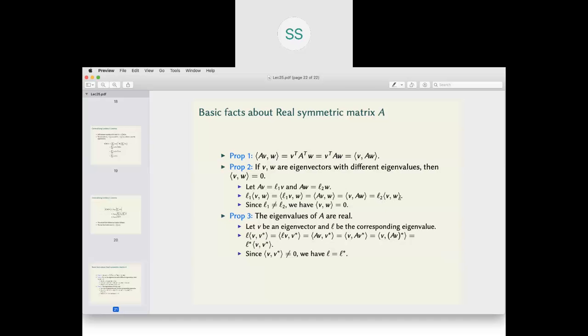We know that L1 and L2 are distinct, so it has to follow that the inner product is 0. So this gives you an indication that the eigenvectors are orthogonal.